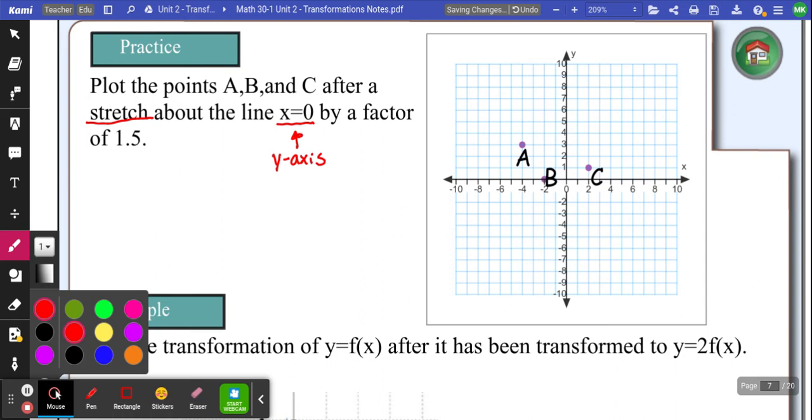All right, x equals 0 is the y-axis. By a factor of 1.5. That means you want to multiply by 1.5. And because you're going horizontally, which values are we going to be multiplying by 1.5? The x or the y values?